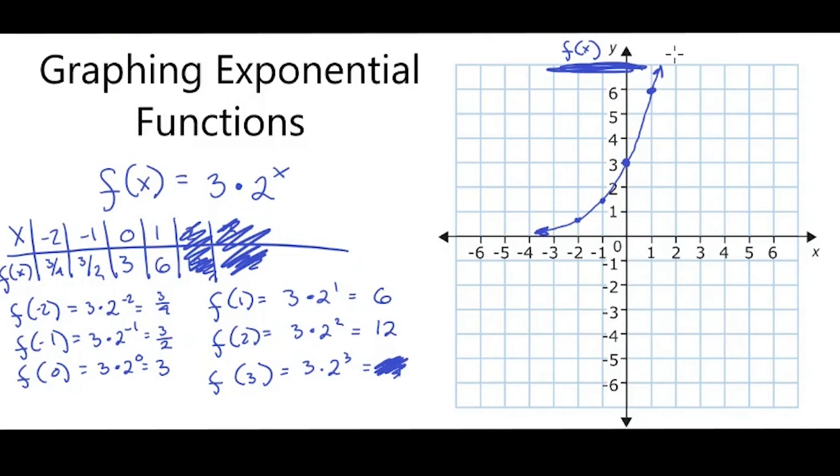So just be mindful of that. This curve would actually go infinitely to the left and never cross the axis, and it'll never turn to go up. It'll just get closer and closer to the x-axis. And that's how you graph the function f of x is equal to 3 times 2 to the x power.